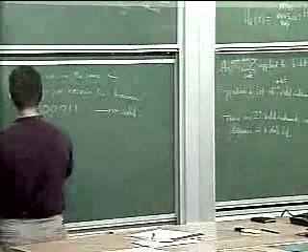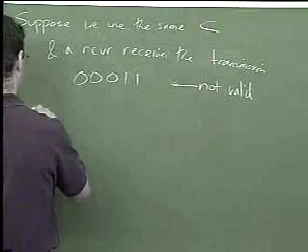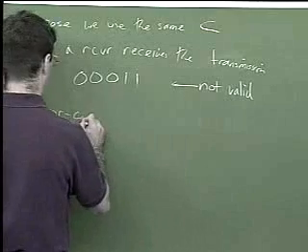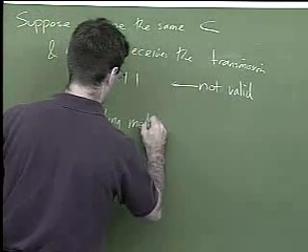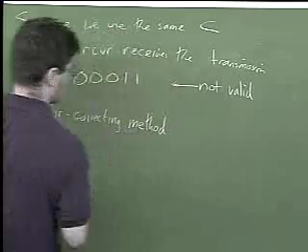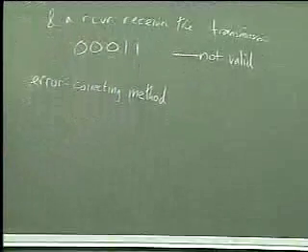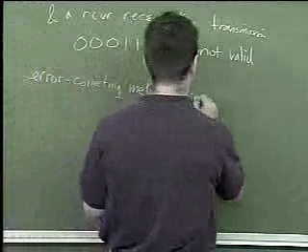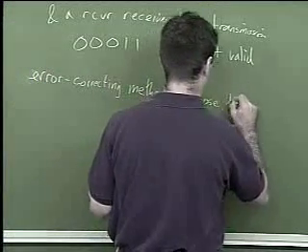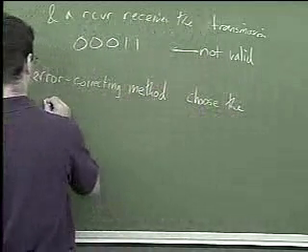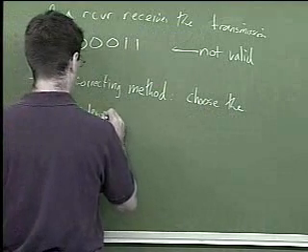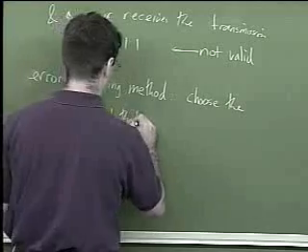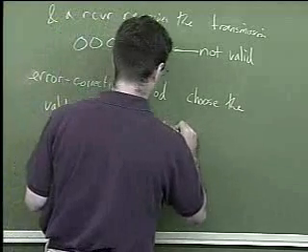So the error correcting method is: choose the valid code word that minimizes.